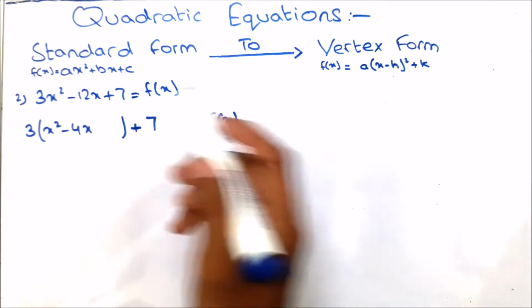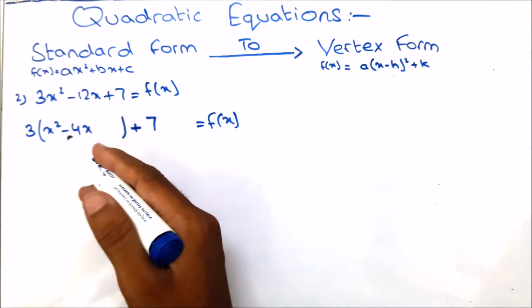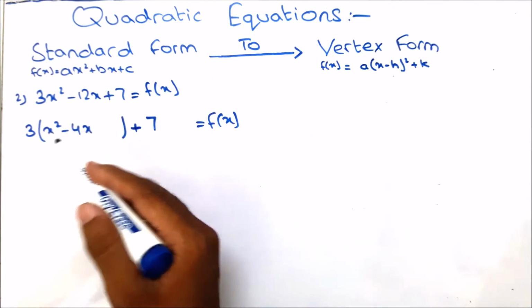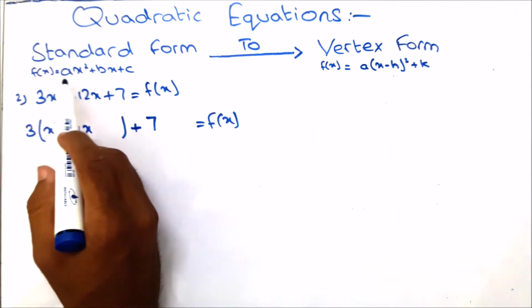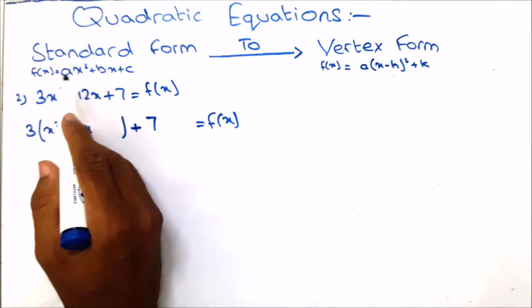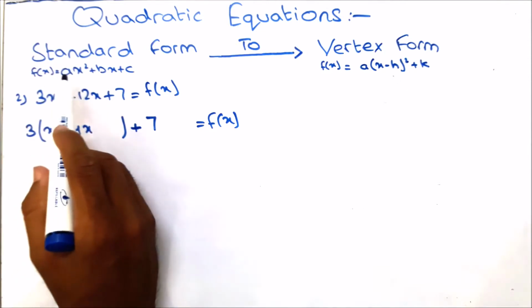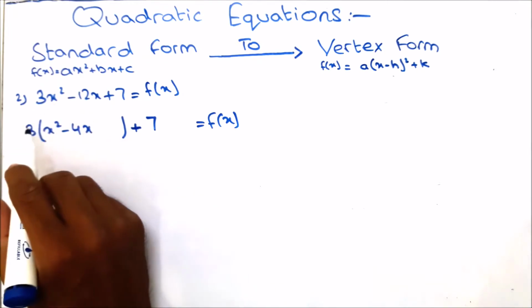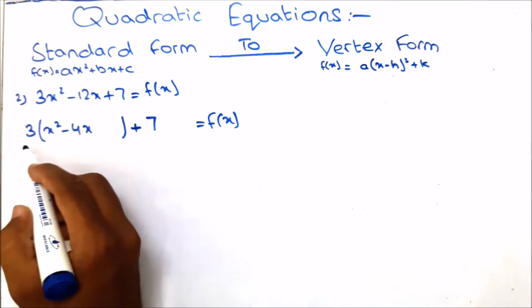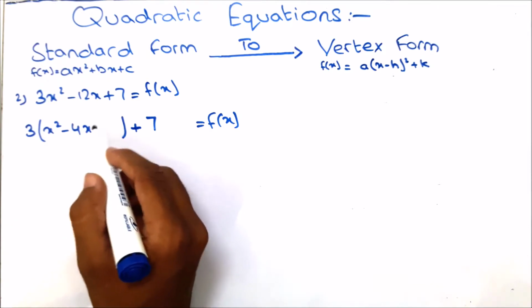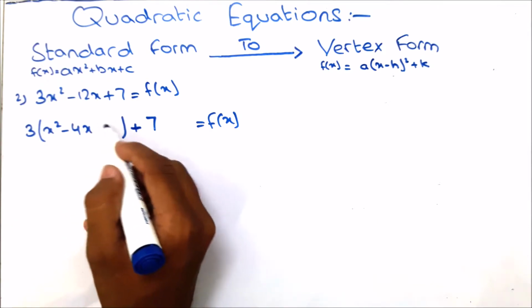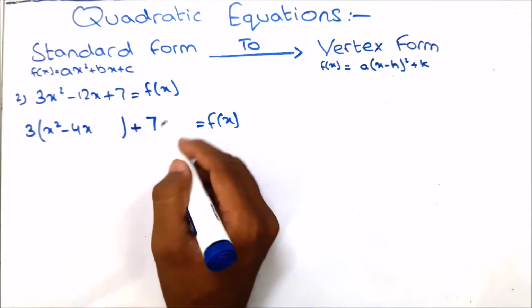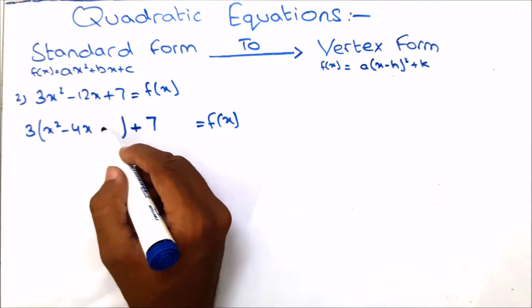But the difference between example number 1 and example number 2 is that this a has a non-1 value. Last time we had 1, and now we have a 3, something that makes a difference when we take a common. So here we have a 3, and we have some space left for completing the square, and space left to subtract that thing.